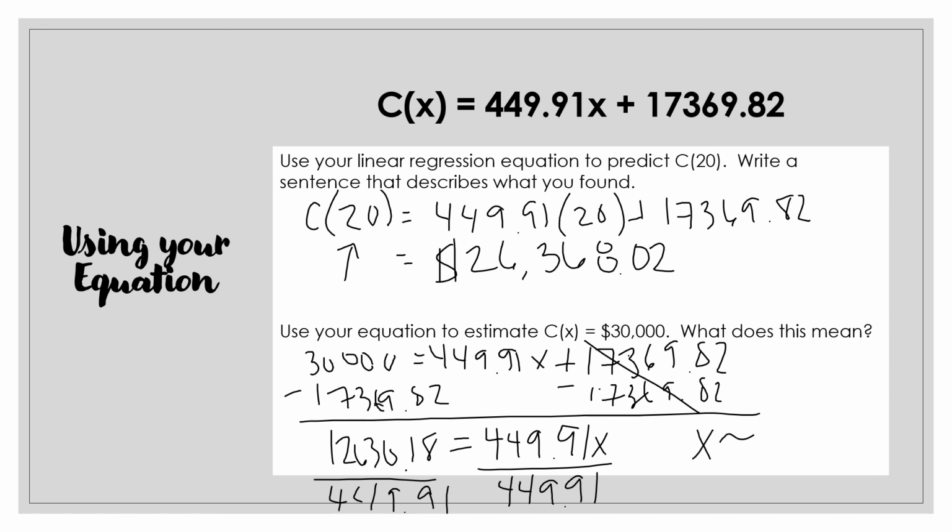And we get that X is approximately 28. So what does that mean? X was the number of years since 2008. So that means 28 years after 2008, this would be the cost.